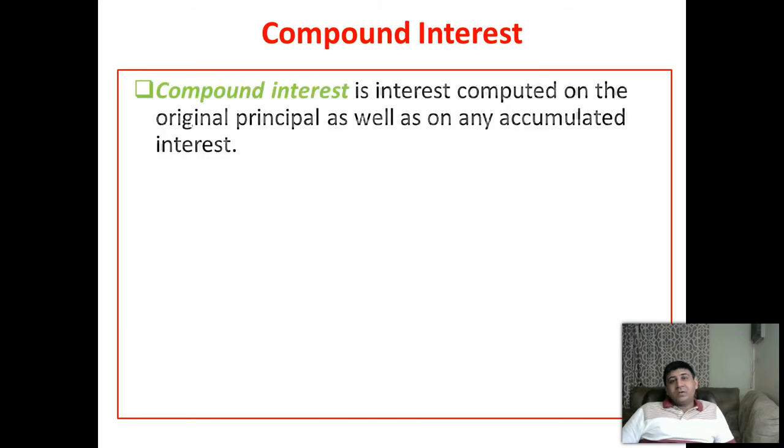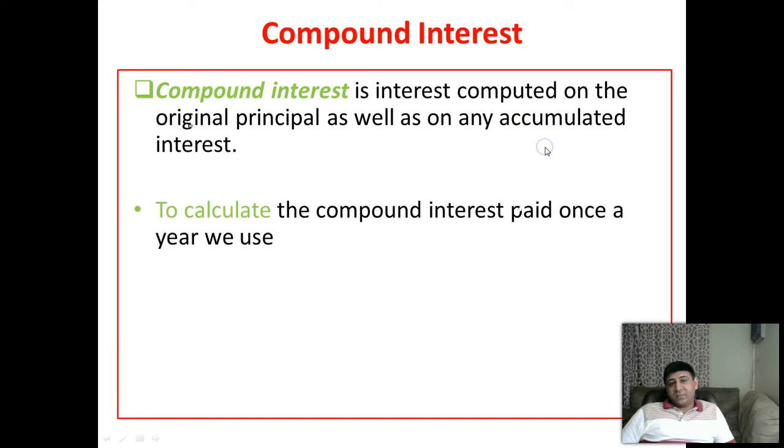Now let's talk about some terminology and compound interest formulas. Compound interest is the interest computed on the original principal as well as on any accumulated interest. There are different forms: your compound interest can be paid every month, it can be paid n times, it can be paid 20 times.